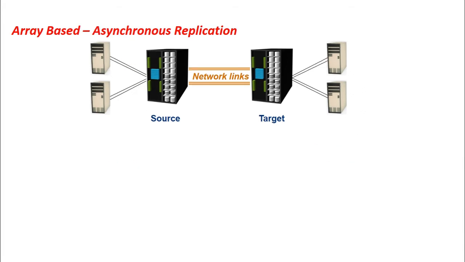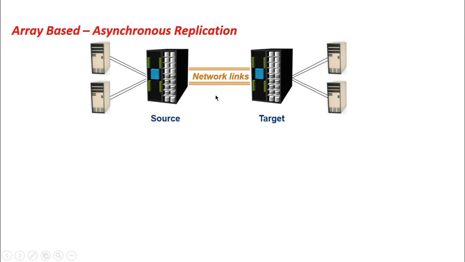Let us also see what we mean by array based asynchronous remote replication. In this mode, a write is committed to the source and immediately acknowledged to the production host. Data is buffered at the source and transmitted to the remote site later.